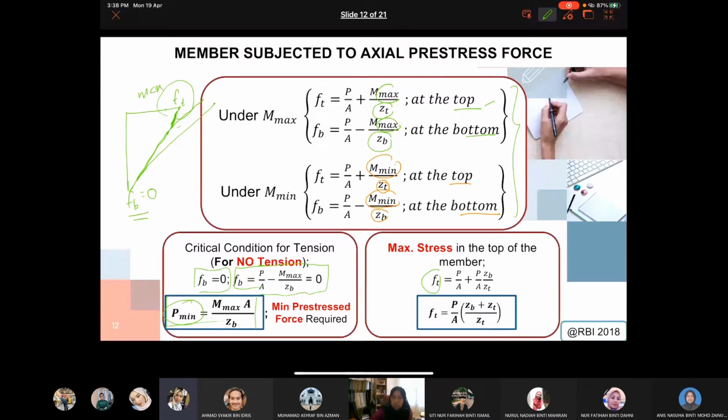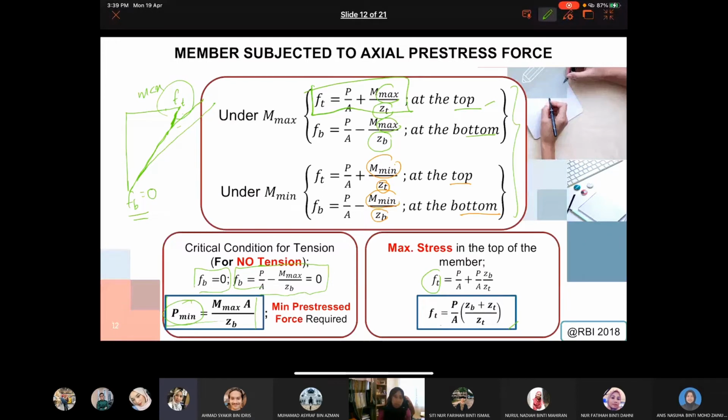How to calculate your top stress, since your top stress is maximum, is by utilizing the formulation here. You will get it from P over A, Z bottom over Z top, by considering the moment values and also the P over A, then you will get the value of your maximum stress. It's already simplified actually, so no need to rack your head to figure out how. So this is the maximum stress and this is the minimum pre-stress force.